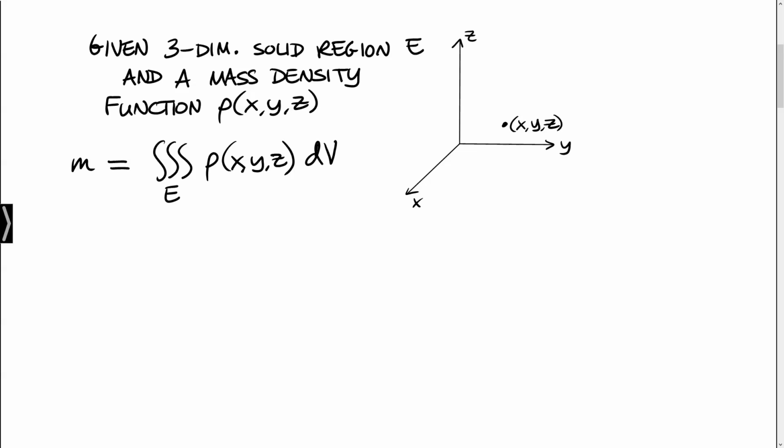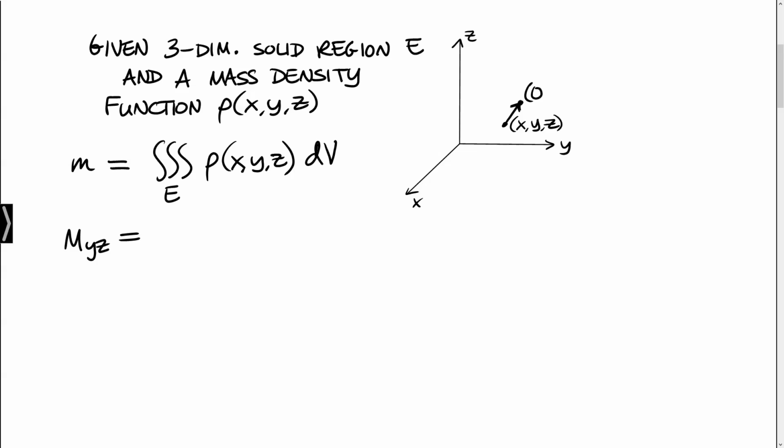So let's start with the moment about the yz plane. So we'll call this m sub yz. Now, this yz is saying it's the moment about the yz plane, and a point xyz, let's say this is a point xyz up here. I should be able to project it onto the yz plane. It's really hard to draw this in 3 dimensions, but imagine this getting projected onto the yz plane.